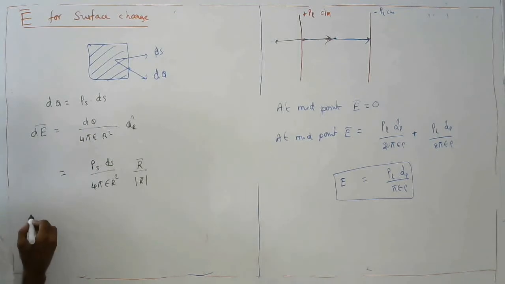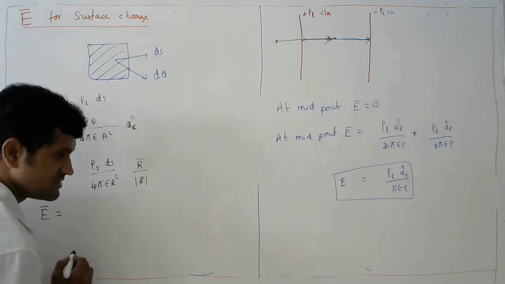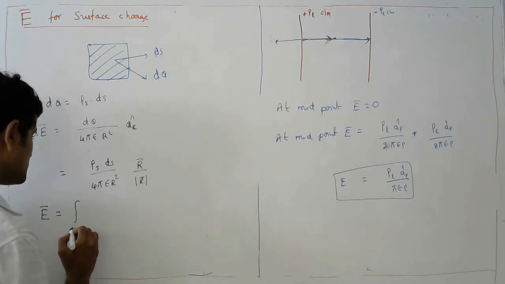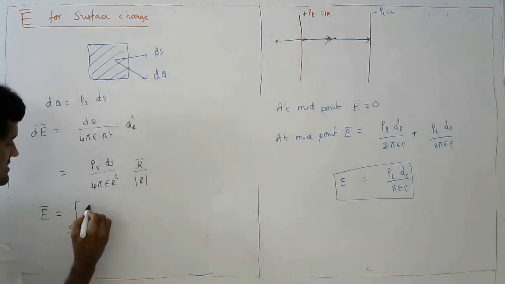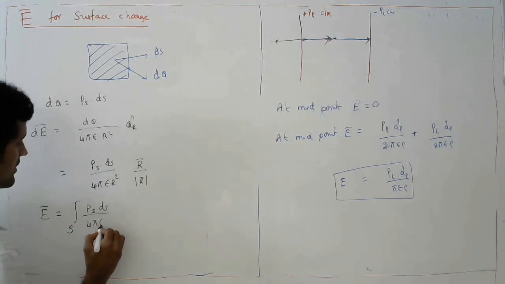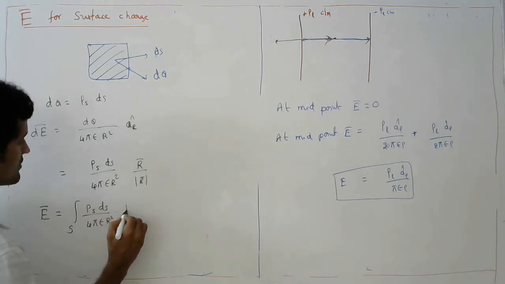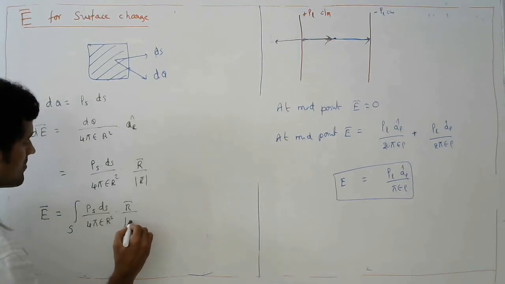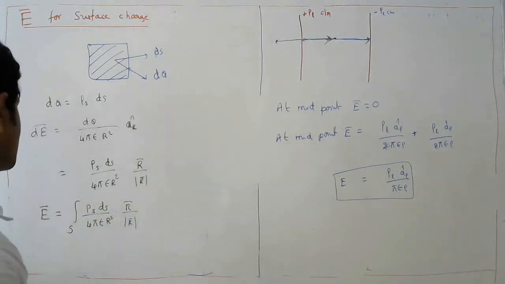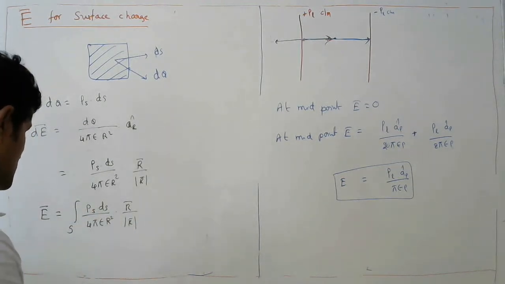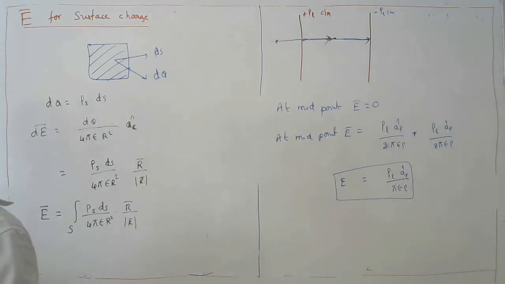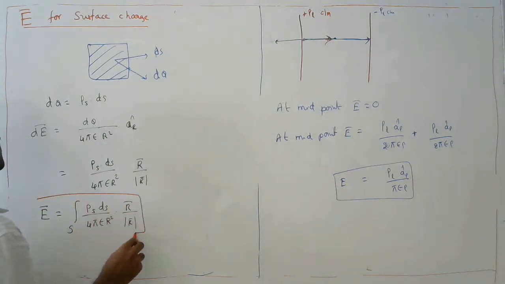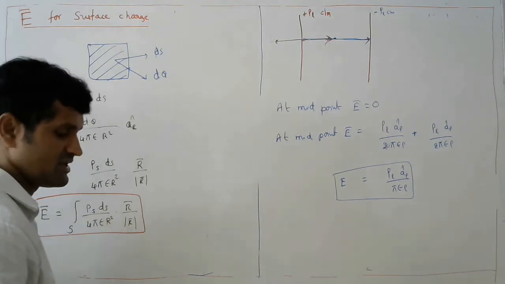If I need the total electric field intensity, we have to integrate this with a surface integration: the surface integral of rho s ds by 4 pi epsilon r square into r bar by modulus of r. This is the expression for electric field intensity for any given surface area.